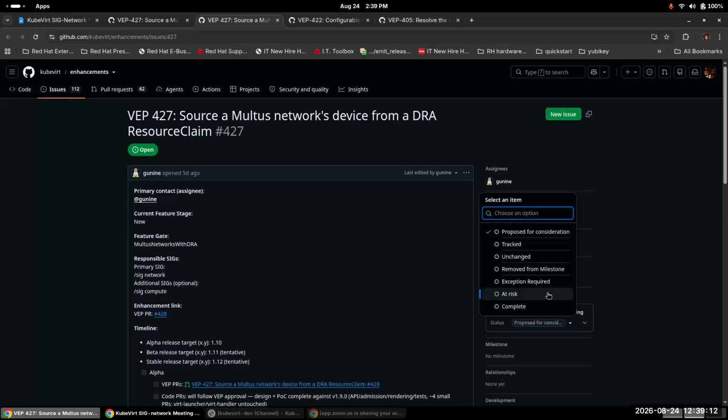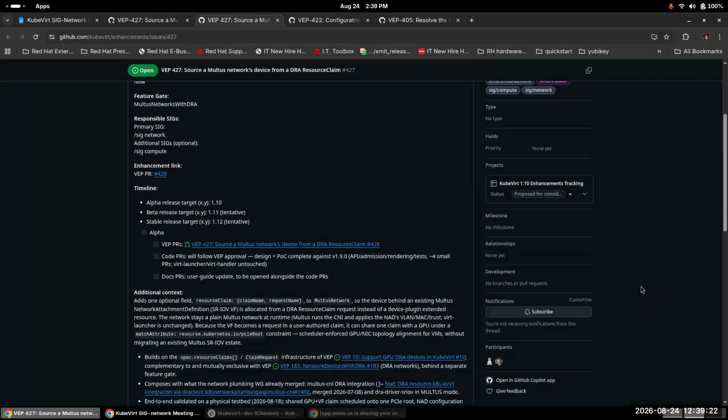Yeah, but this is not only because of SR-IOV. The reason is more GPU related, GPU together with SR-IOV. Yes, they want to align, and they want to configure the NIC, the VF through the CNI, which makes sense, but I'm not sure about the API at all.